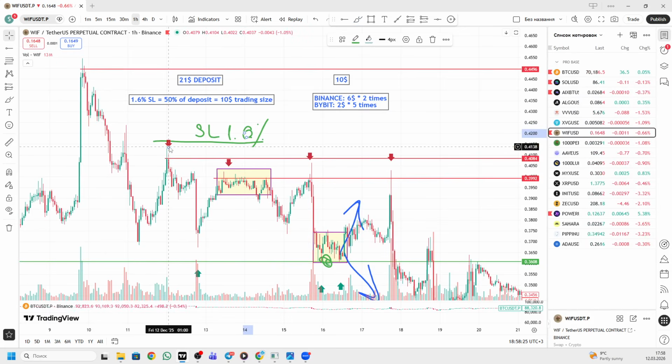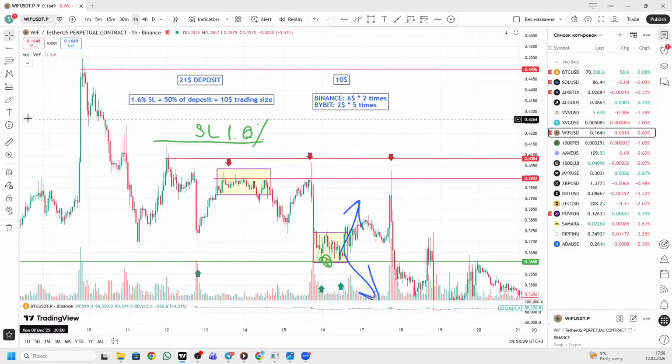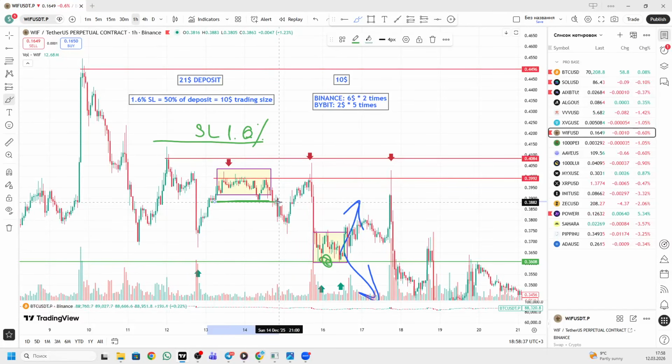We agree. So if we have a stop loss of 1.6%, it means our take profit will be somewhere here, a 1 to 2 ratio. You remember that? So take profit will be 3.2%. I think this is clear, right? Okay.